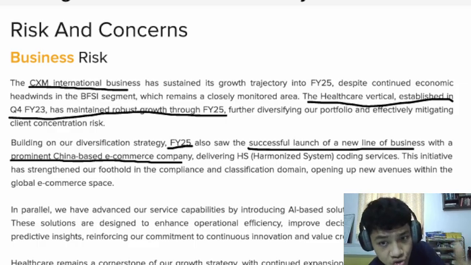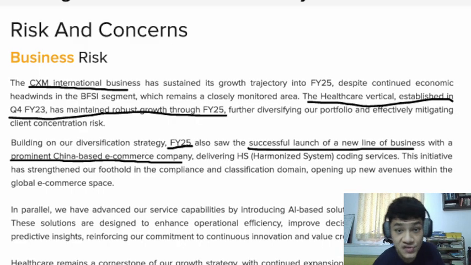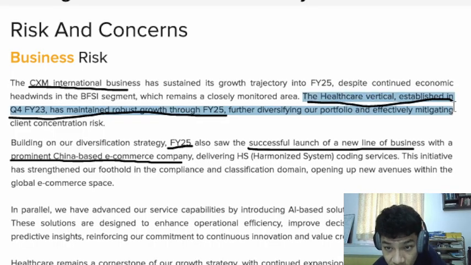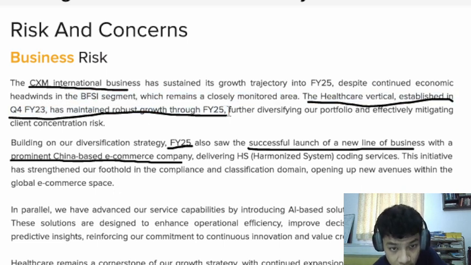The CXM customer experience management international business has sustained its growth trajectory in fiscal 2025. Now, headwinds in the BFSI segment, but the healthcare vertical established in quarter four fiscal year 2023 has maintained robust growth for fiscal year 2025.